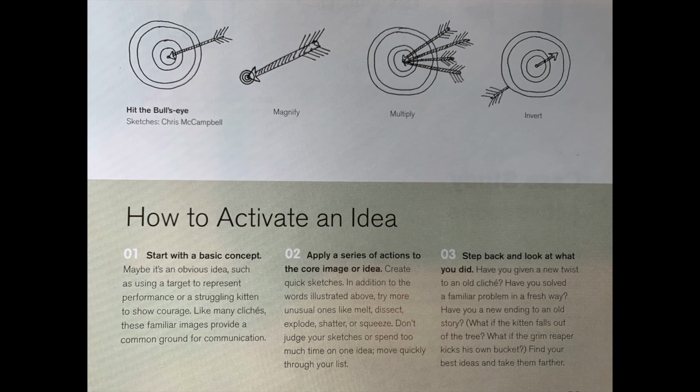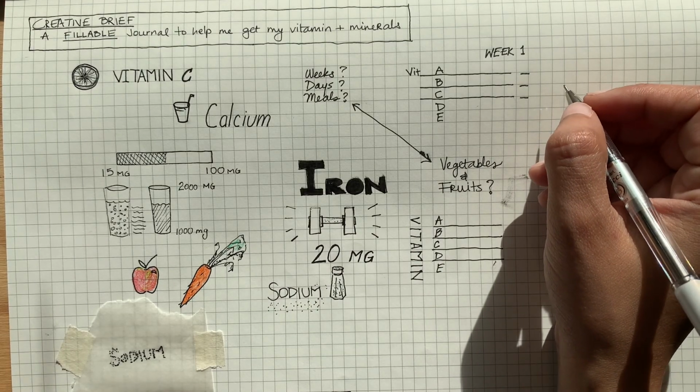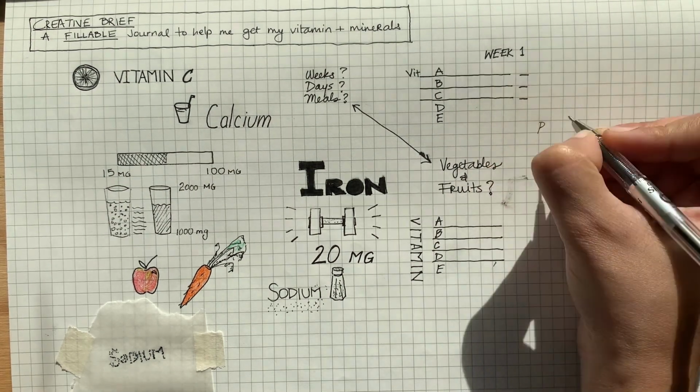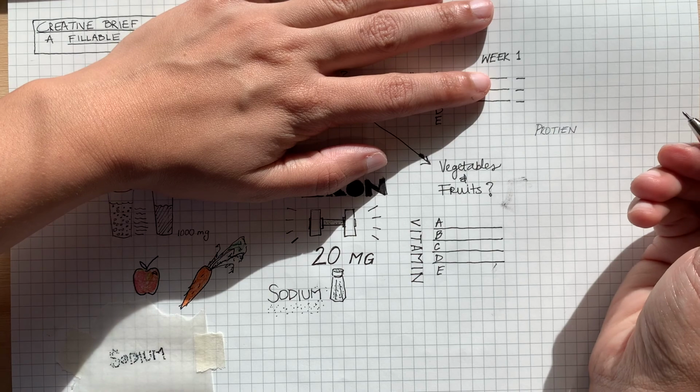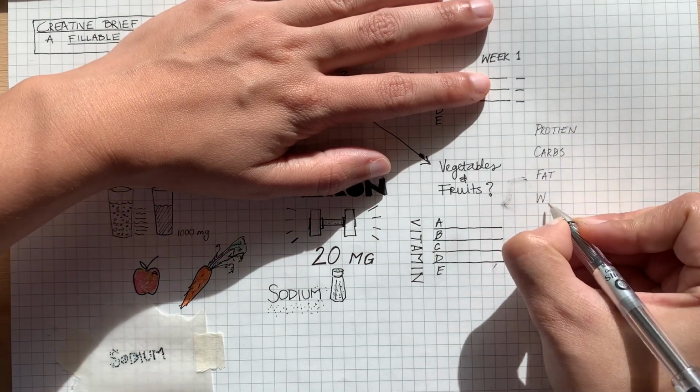You're taking an idea or an icon like salt, and you start with a basic concept and then add some actions to it to represent that thing a little bit better. So instead of just writing the word sodium, I'm choosing to draw something that looks like salt is sprinkled all over it, or just using dots to spell out the word sodium.